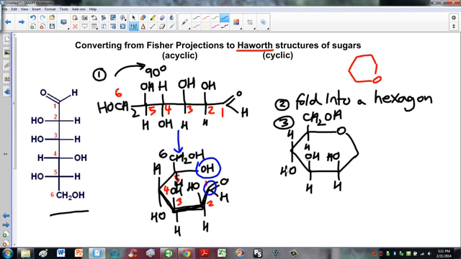Because what's going to happen here is when these two join, by moving my hydrogens around, I'm going to create another alcohol on this carbon. But if I was to ask you, does the OH go up or down? You can't tell anything from here because, well, there was no OH on this carbon before, so actually I'm not sure. It turns out that you can draw it both ways. You can draw it up.